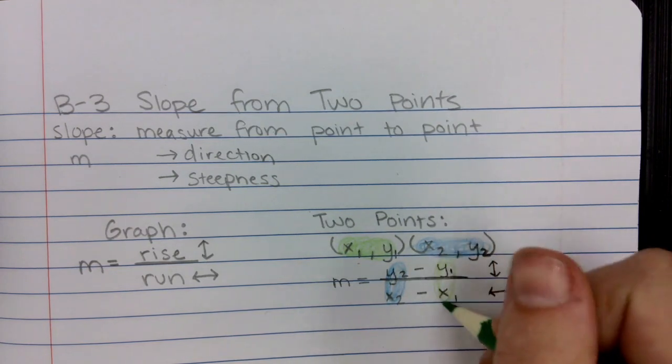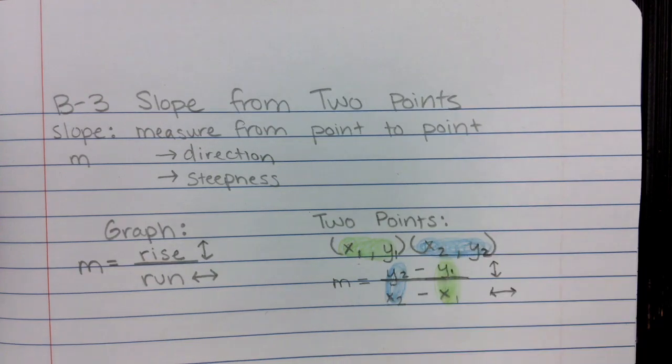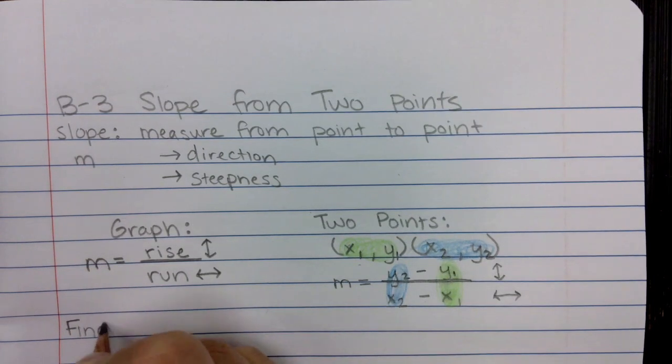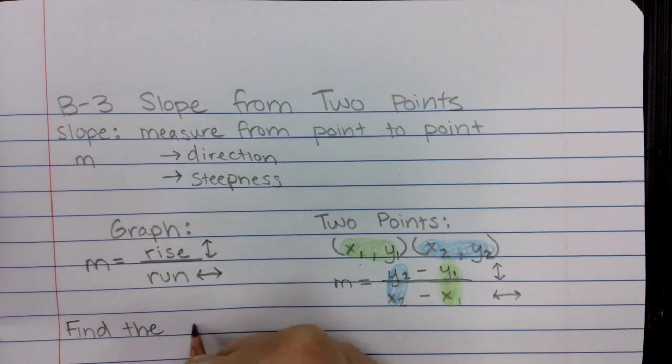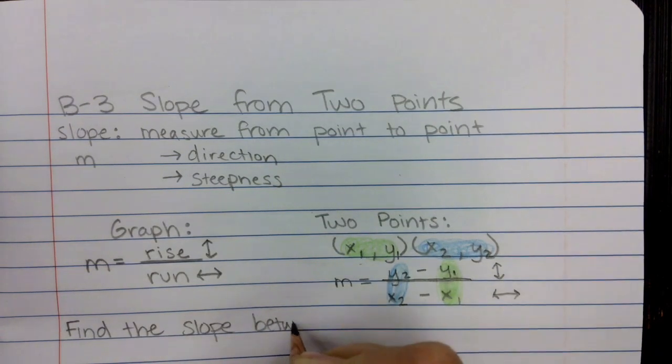All right. So we're going to do 3 examples. All these examples are going to have the same directions, which says find the slope between the points. Now your slope formula here, m equals y2 minus y1 over x2 minus x1, that's not something I require you to memorize. It is going to help you if you memorize it.